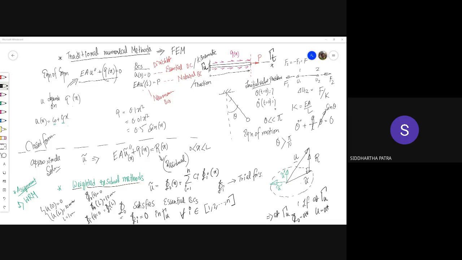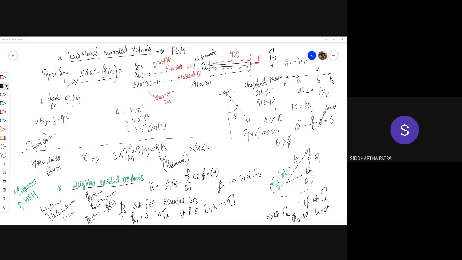Today's class you can think of as happening in a flashback mode. That means at this current instant there is no concept of variation. These are just functions. We are calling them trial functions. Essentially, they are exactly like the shape functions, but we are not bringing in the concept of variations.